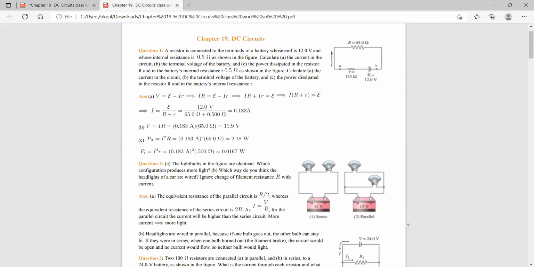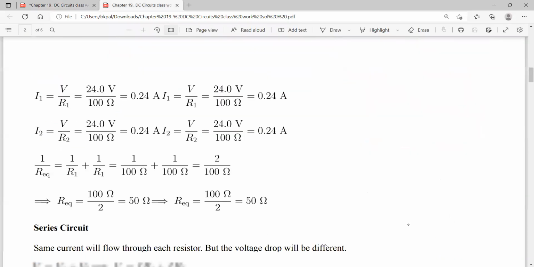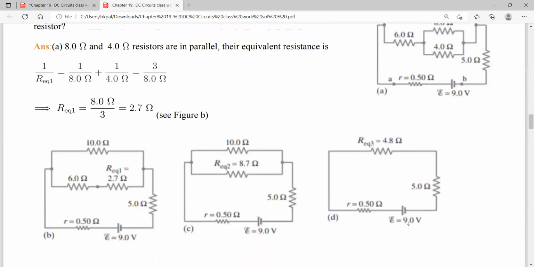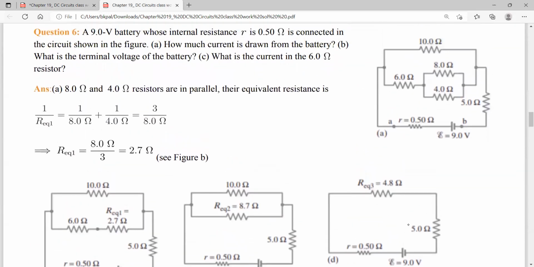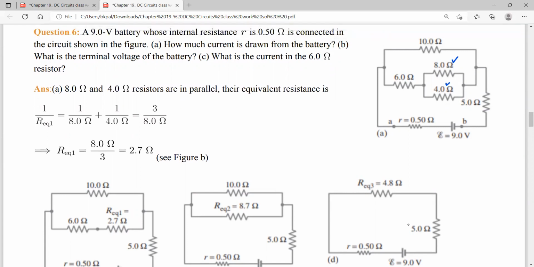So let me go here. I need a circuit to show you. In the solution I put it already. Let me first determine the equivalent resistance between this and this. You see they are connected in parallel.